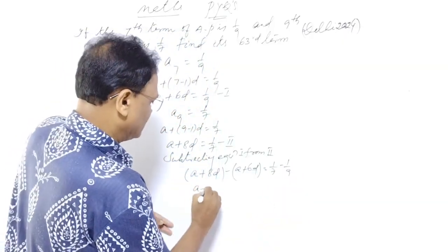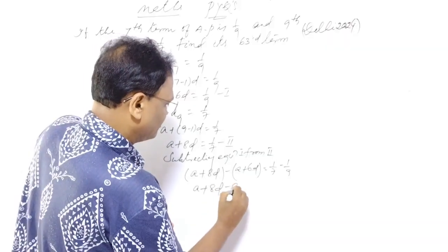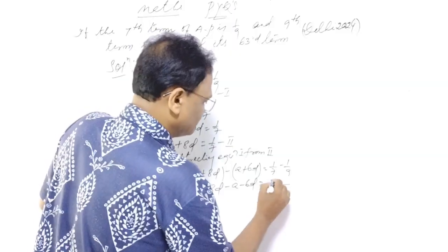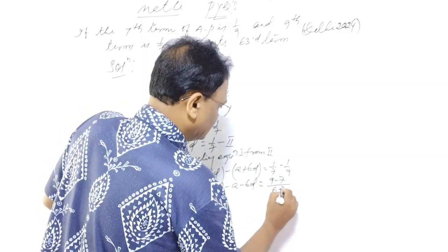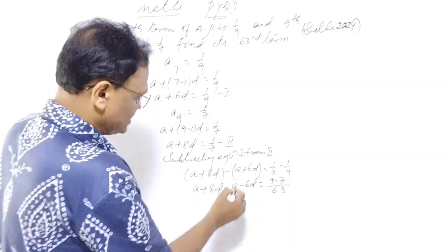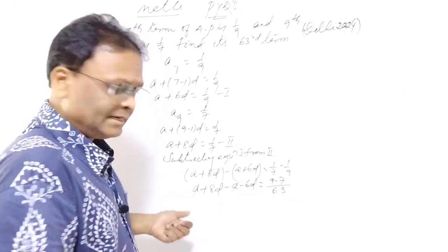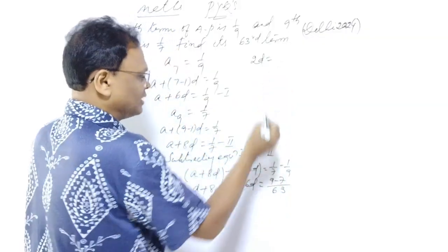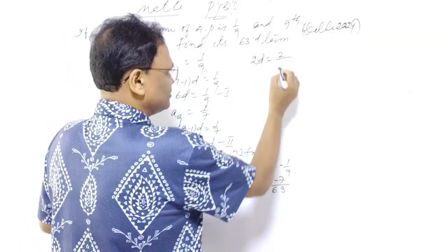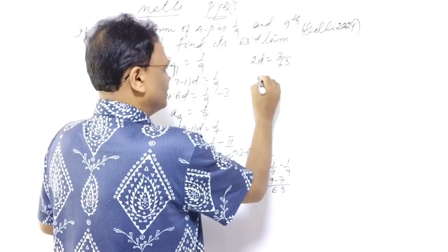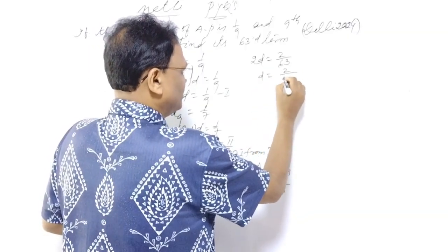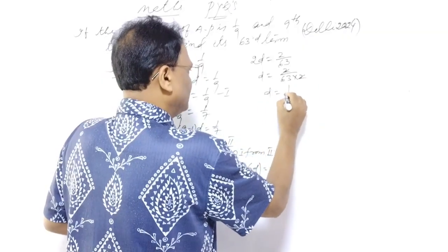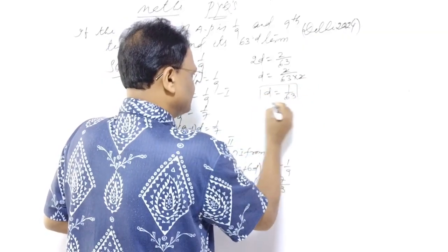Now remove the bracket: A plus 8D minus A minus 6D. A minus A gets cancelled. 8D minus 6D is 2D. 2D is equal to 2 divided by 63, or D is equal to 2 divided by 63 into 2. The 2s cancel, so I got D as 1 by 63.